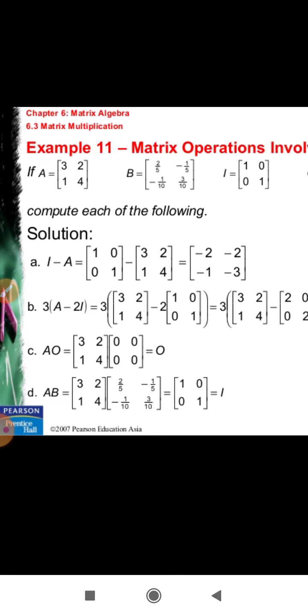The difference of I and A will be minus 2, minus 2, minus 1, minus 3. Then 3A minus 2I, the difference in one bracket. Solving these, we get the result.